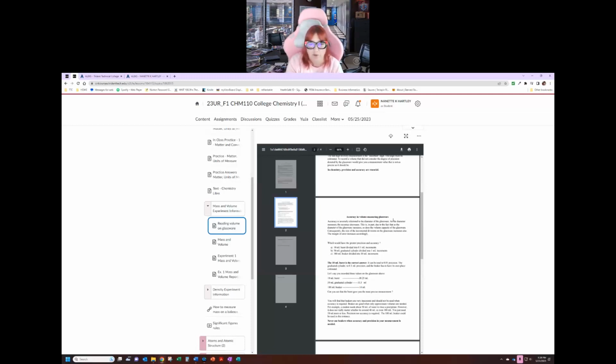That's something that we need to be able to talk about, is how accurate that thing is. Now, part of your accuracy is going to be determined by the demarcations that are on that glassware. So if you're looking at a volumetric flask and it only has one mark on it for 40 milliliters, you're only going to measure 40 accurately. Nothing else will be accurate. Okay, you can guesstimate, but the only thing that is calibrated for is that 40 mils.